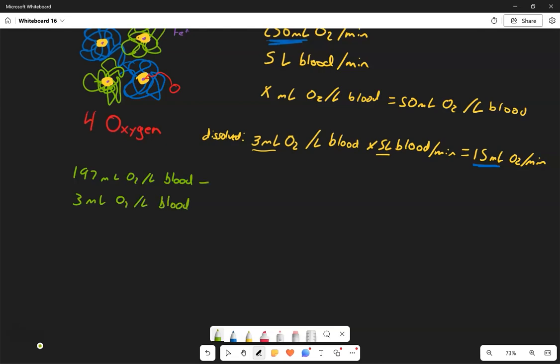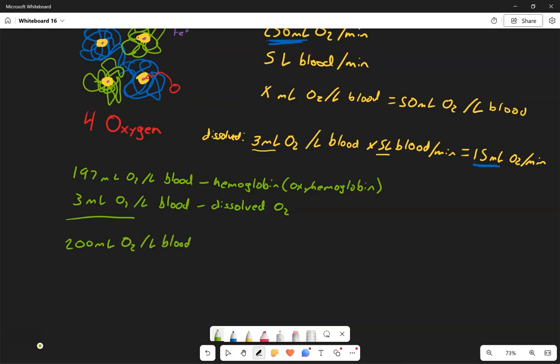So this is equivalent to the oxyhemoglobin because it's attached to oxygen. And this is our dissolved oxygen. So in total, we have 200 milliliters of oxygen per liter of blood.